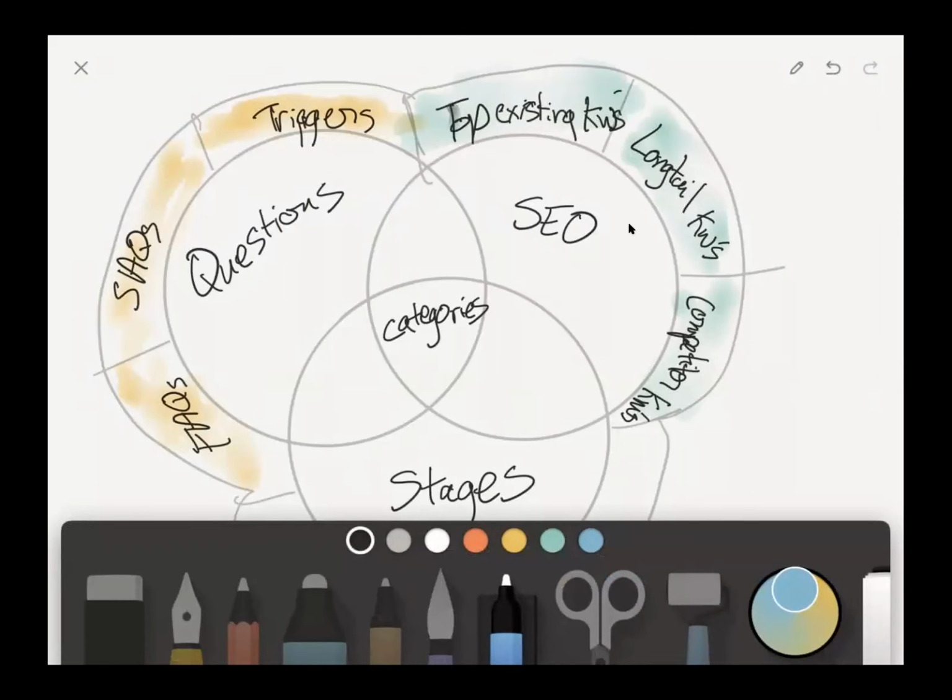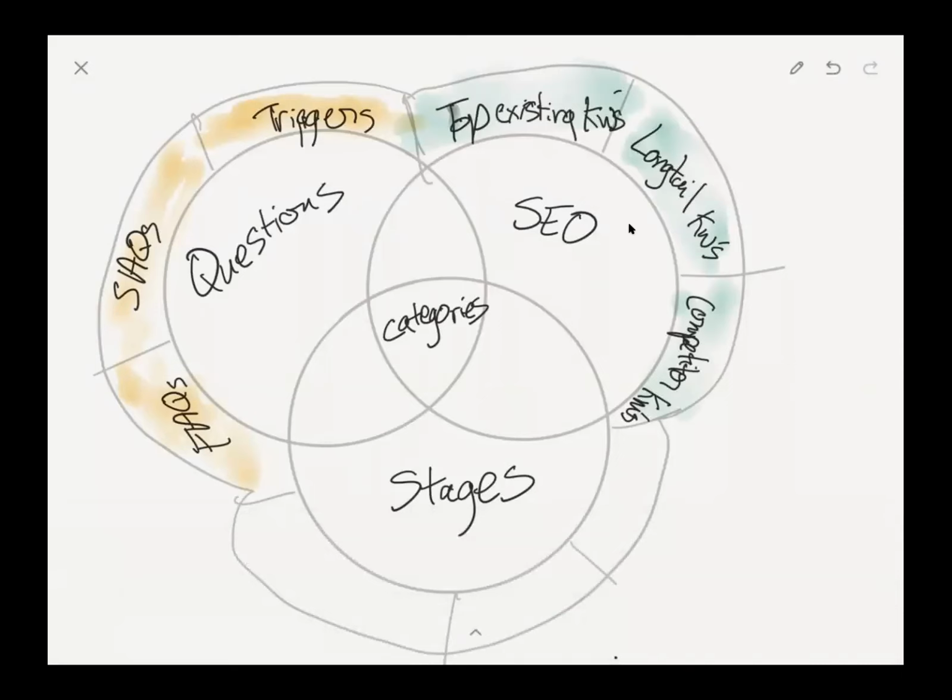And then the last piece is stages. And in there we have early, middle, and late stages. So you can also think about that as oblivious is early, afflicted is the middle, and informed is late.